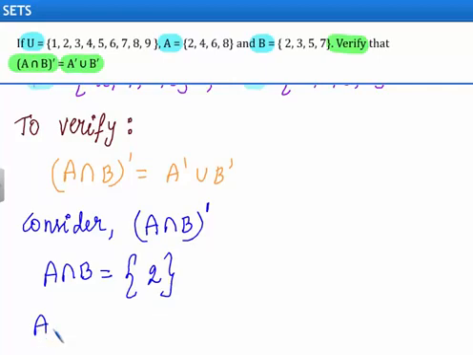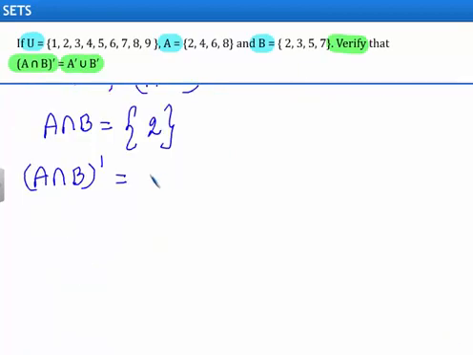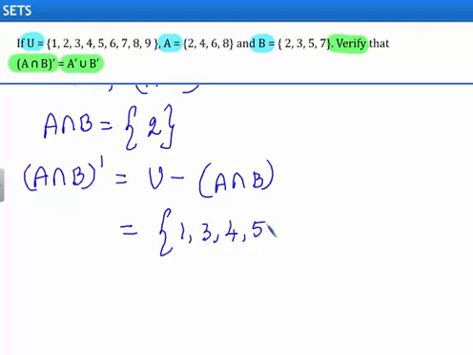Now let us find complement of A intersection B. Complement of A intersection B will be equal to universal set minus the set A intersection B. This will be equal to 1, 3, 4, 5, 6, 7, 8 and 9. Therefore, we have found complement of A intersection B.